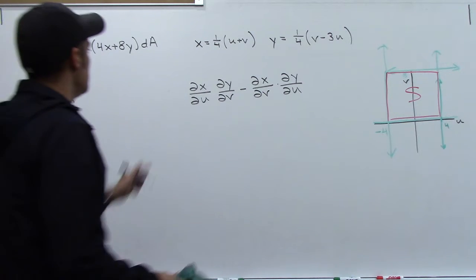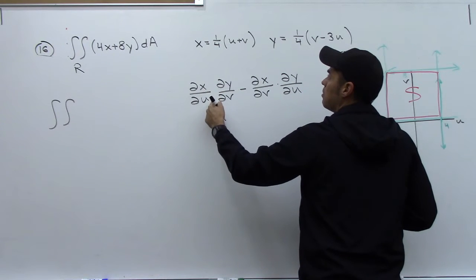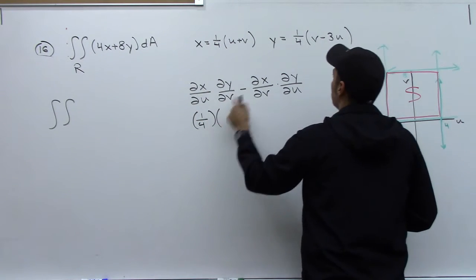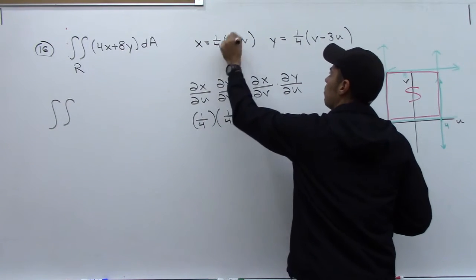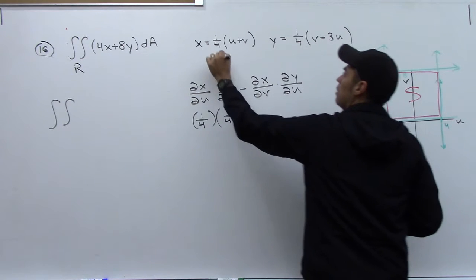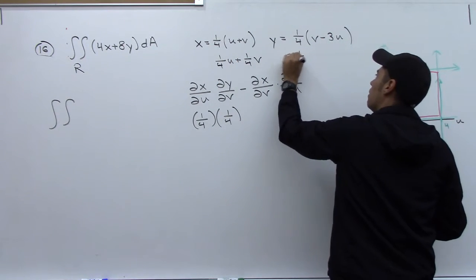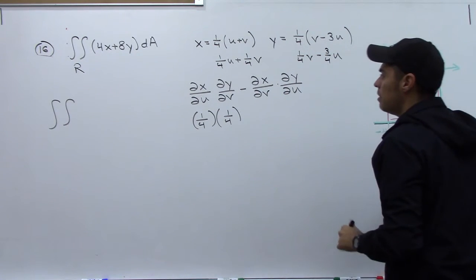Okay, so here's my stuff up here. Partial of x with respect to u, you can do that, you get 1/4. Partial y with respect to v, you get 1/4 again. Just distribute the 1/4 through, and then you'll have 1/4 u plus 1/4 v, and then here 1/4 v minus 3/4 u. Then the derivatives are real easy.